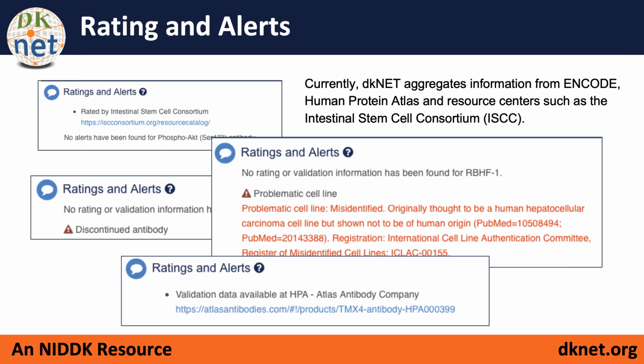For example, in the middle of the screen, you'll see a ratings and alert pane with the red text. Here we have information from ICLAC on a problematic cell line, one that was misidentified, and we try to make that as visible as possible on these resource reports.